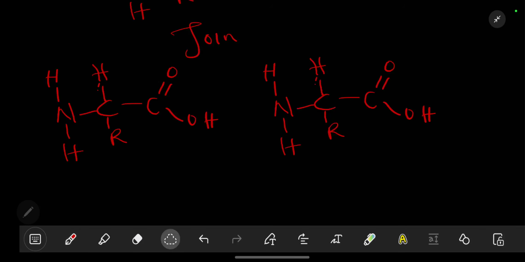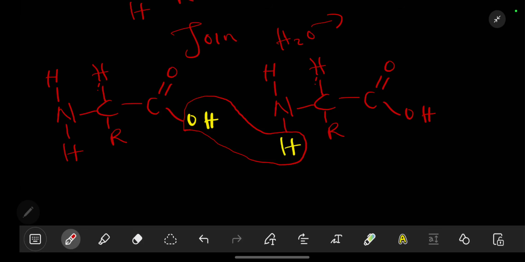Remember, these combine in such a way that it will be a dehydration reaction in which water has to be released. As you can see, this is our water, so this water will be released. We are going to have our H2O gone like that.